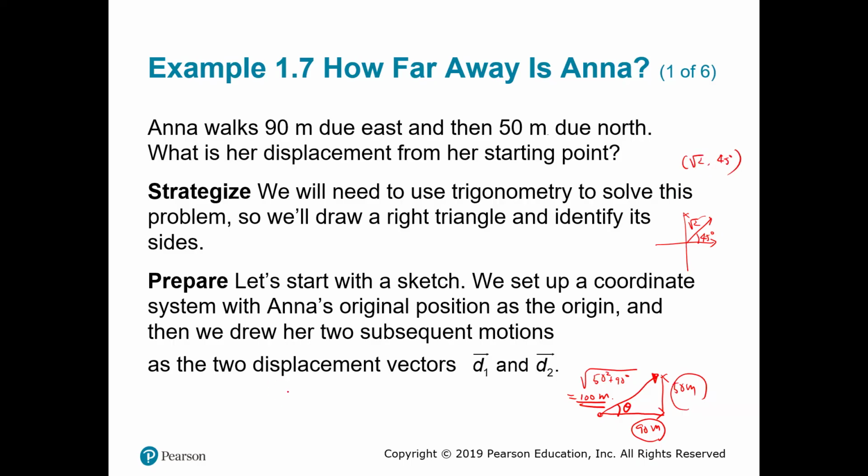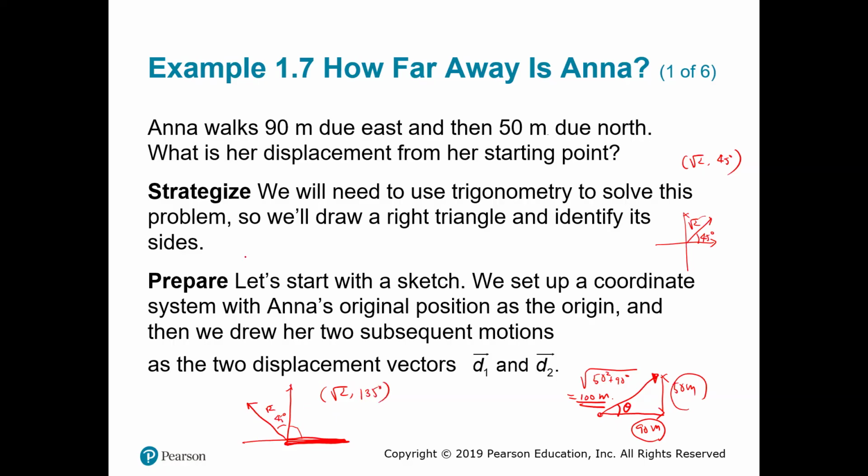Now let's assume you have another vector, this way, with the same length, and the angle to the vertical is 45 degrees. What is this vector? Again root 2, but you always measure the angle from the positive horizontal x-axis. So it's 45 plus 90 degrees, which is 135 degrees.